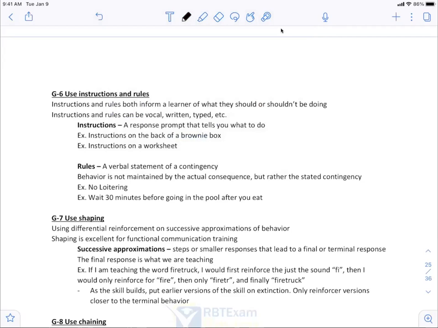Behavior is not maintained, right, by the actual consequence with rules, okay? Instructions and rules both inform a learner of what they should or shouldn't be doing. The main thing here is, right, behavior not maintained by actual consequence. When you read a sign that says no loitering, if you've never loitered in your life, did you ever contact a contingency for loitering?